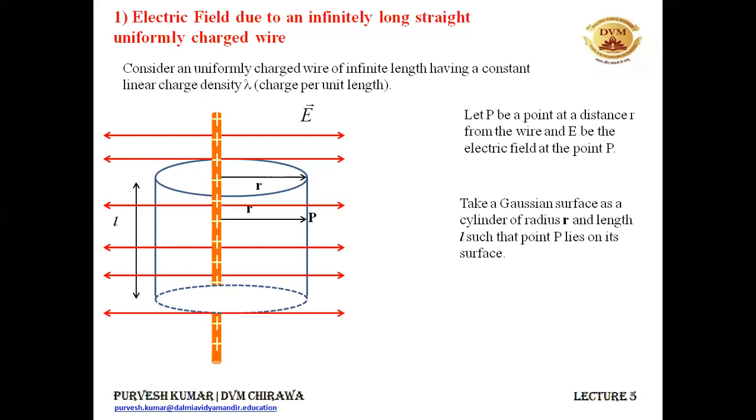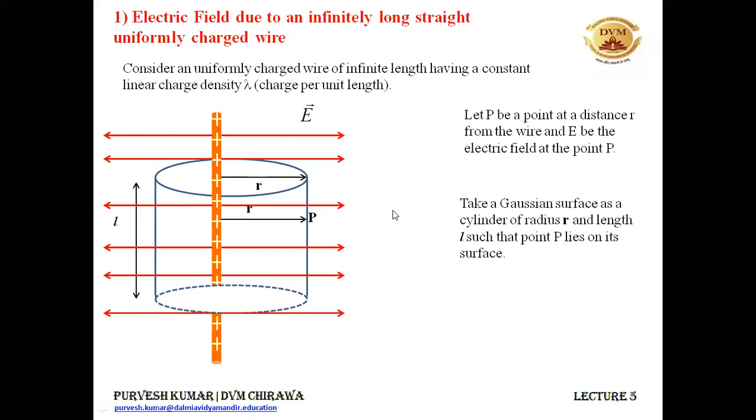All right. Now we have three surfaces of this Gaussian surface. One is the top one, the other one is the bottom one, and the third one is the middle one, that you call the curved surface area.